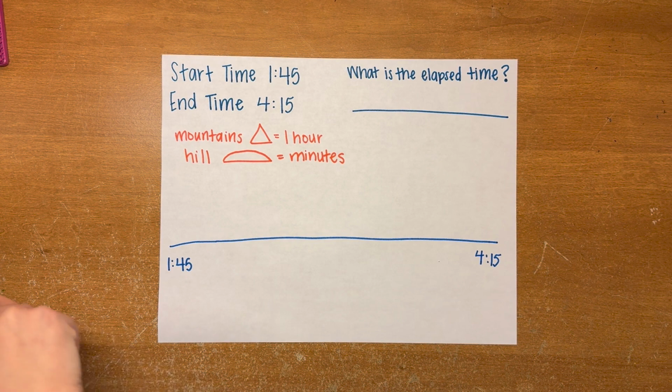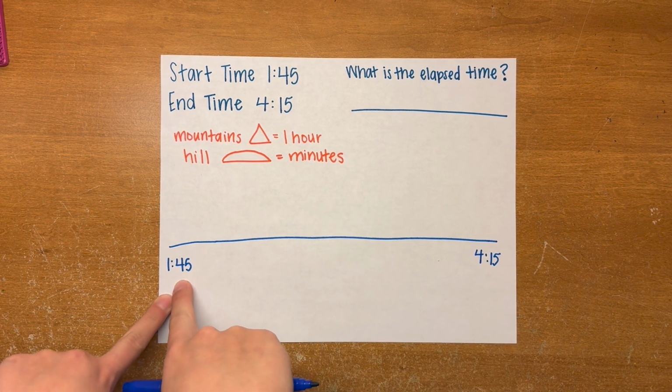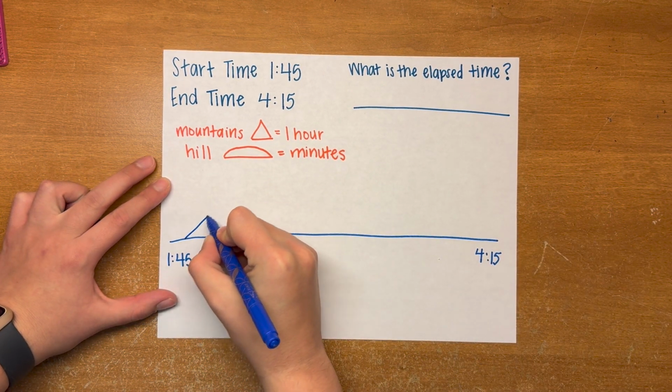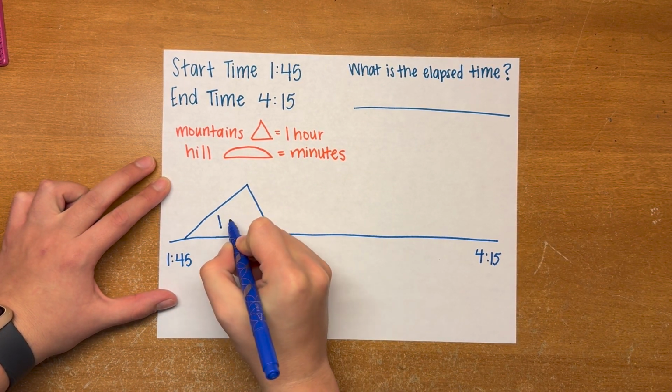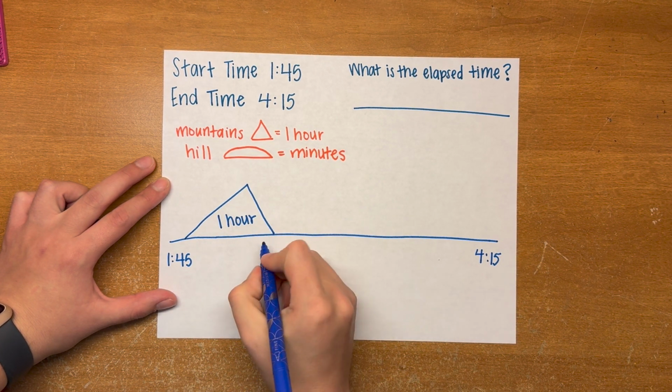Okay, so the first thing that we're always going to start with is hours. So I'm going to think, how many hours can I go between 1:45 to 4:15? Well, let's just jump 1 hour. In 1 hour, it will be 2:45.